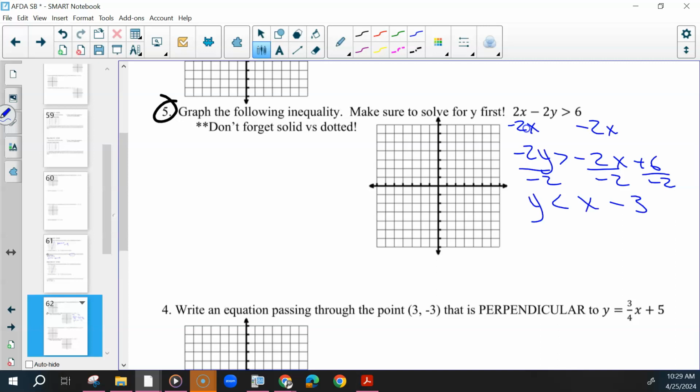So that would start at -3. Our slope is 1, so up 1 over 1. Put slope points at every up 1 over 1 or down 1 left 1. This would be a dashed or dotted line. So you just draw arrows at the ends. And then it would be everything shaded below. Questions on that?